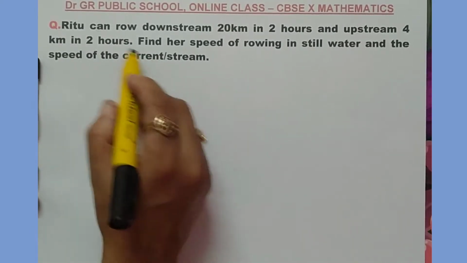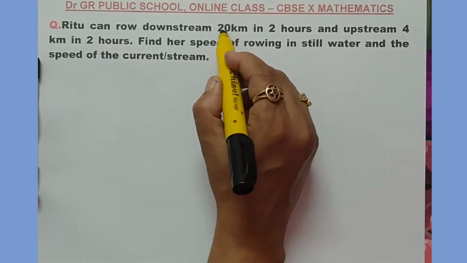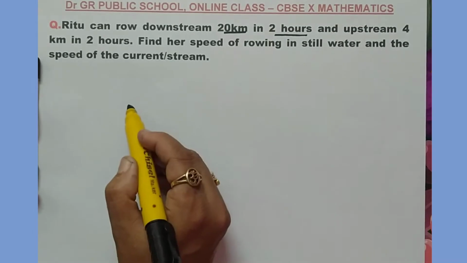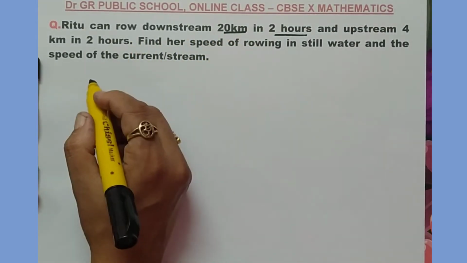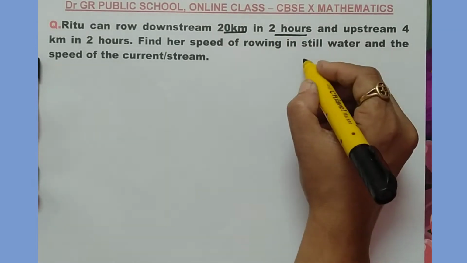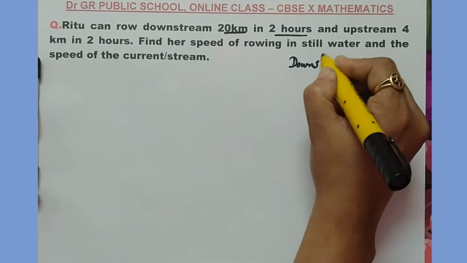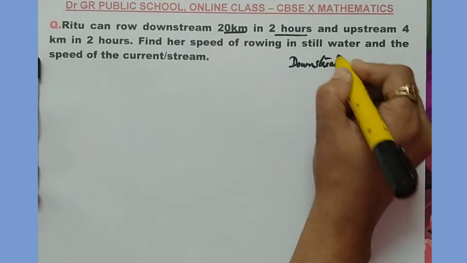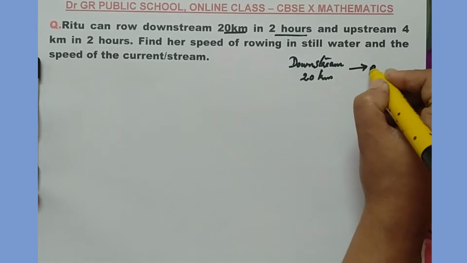Once again, Ritu can row downstream 20 km in 2 hours. So, she is going to move downstream in 2 hours.